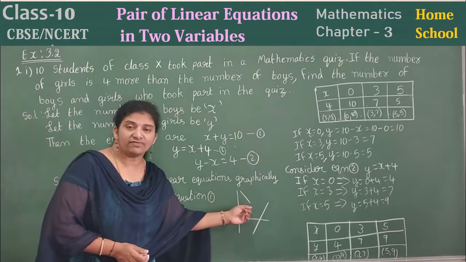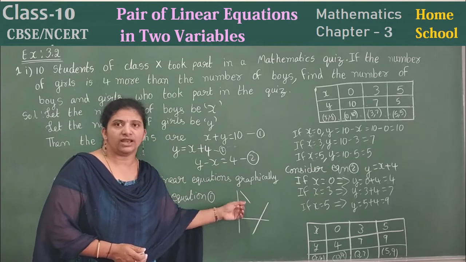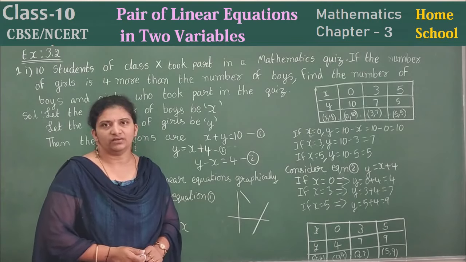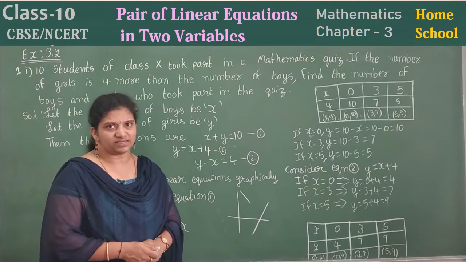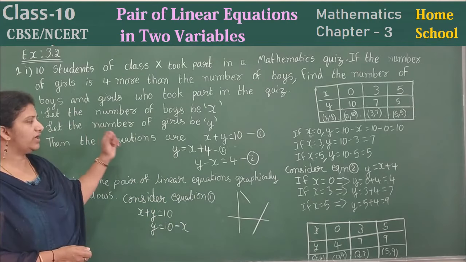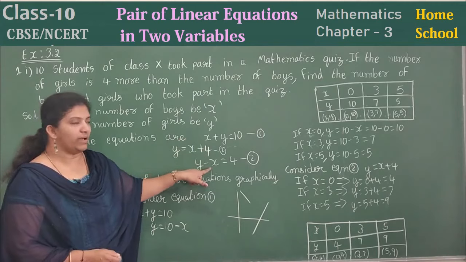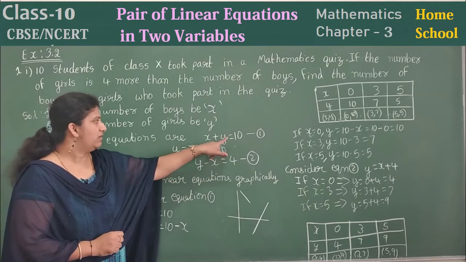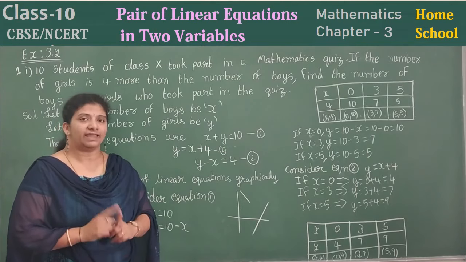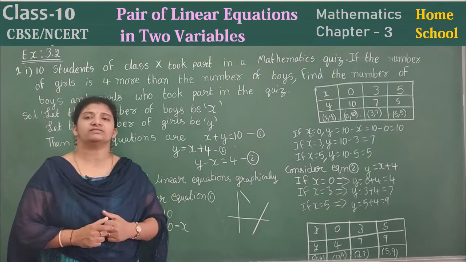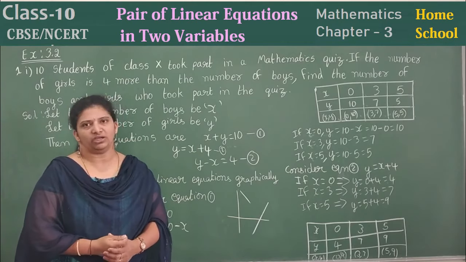Suppose your graph ends like this, please don't stop there. Your answer is not completed. So without doing anything, you can guess the answer. How, children? Look here carefully. So by this you can say, right? 1 by minus 1, minus 1. 1 by 1, 1. Minus 1 is not equal to 1. That means A1 by A2 is not equal to B1 by B2.